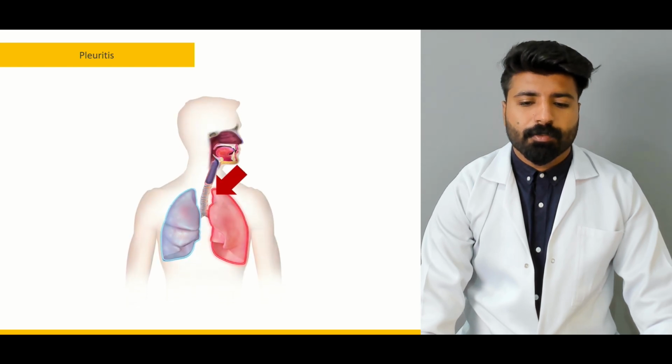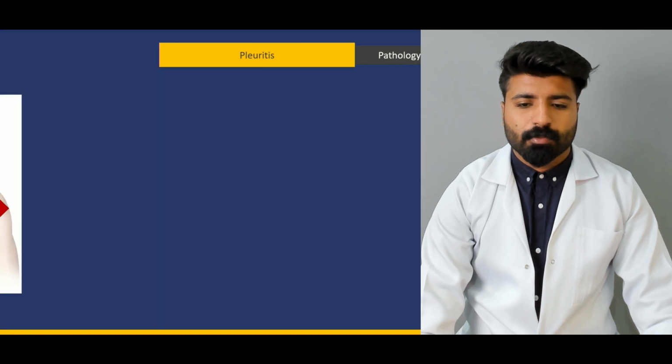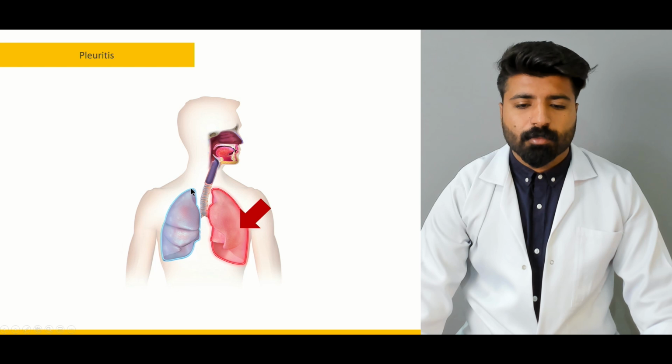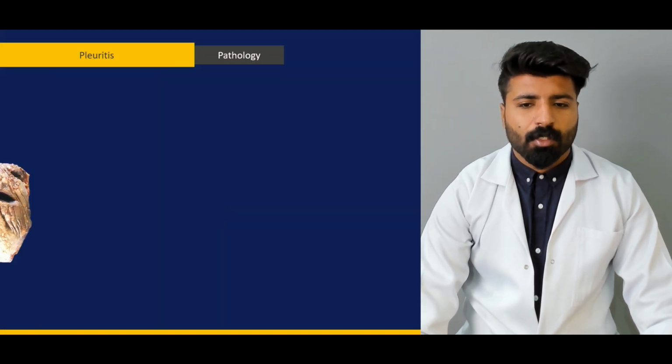Next we have pleuritis. What is pleuritis? Look at this. So this is the pleura, right? Those two layers of pleura covering the lungs. So inflammation of the pleura, or infection in them, is called pleuritis.